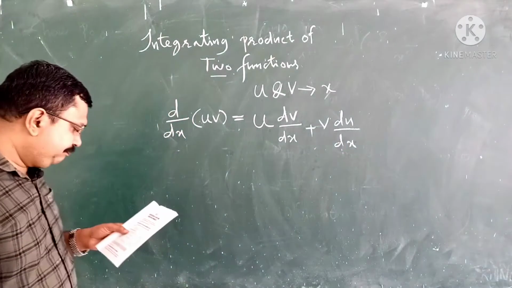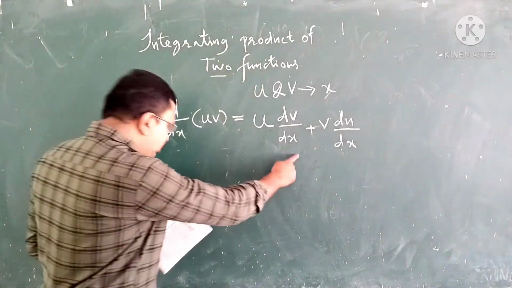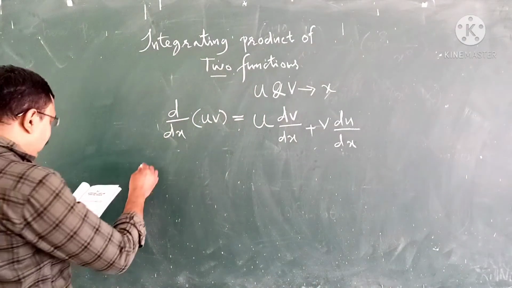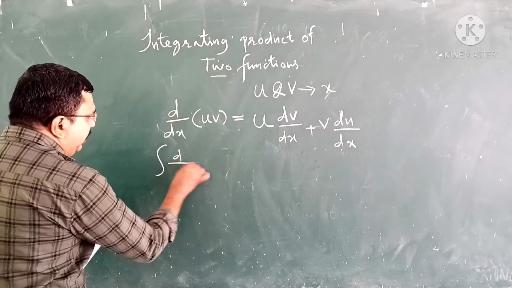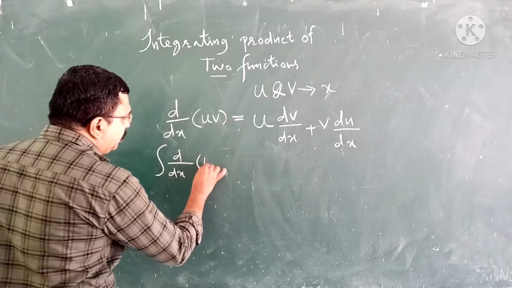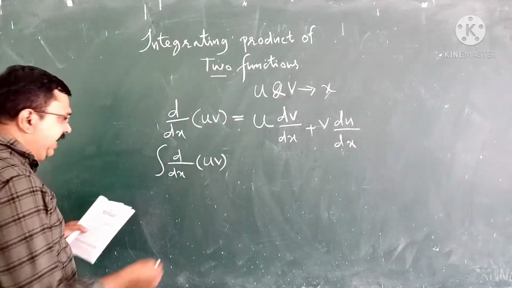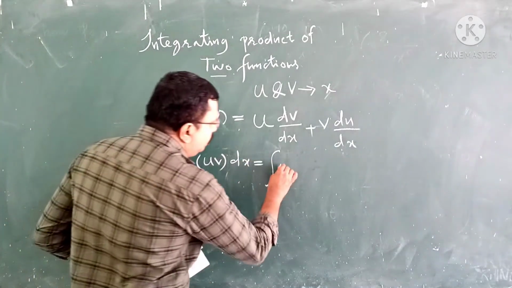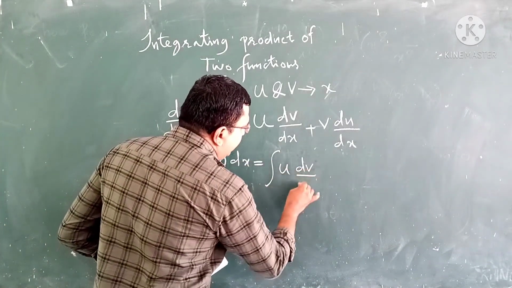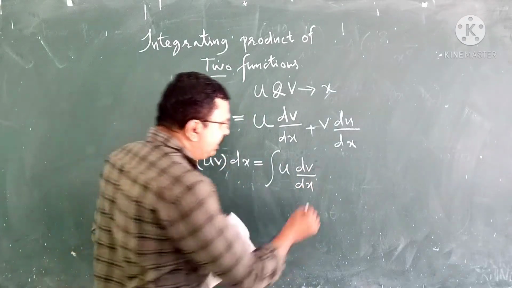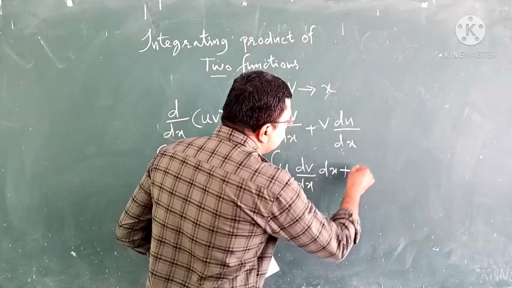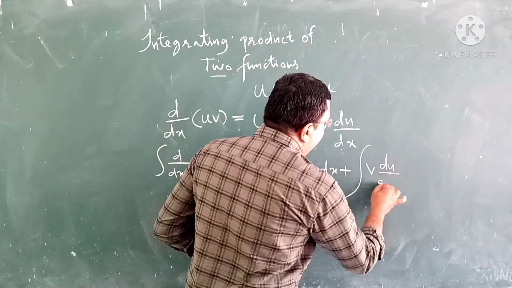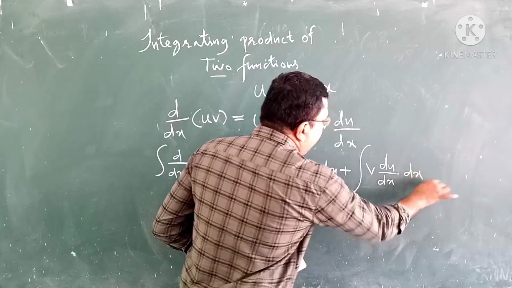Then integrating both sides with respect to x, we get integral of d by dx of uv dx is equal to integral of u into dv by dx into dx plus integral of v into du by dx into dx.